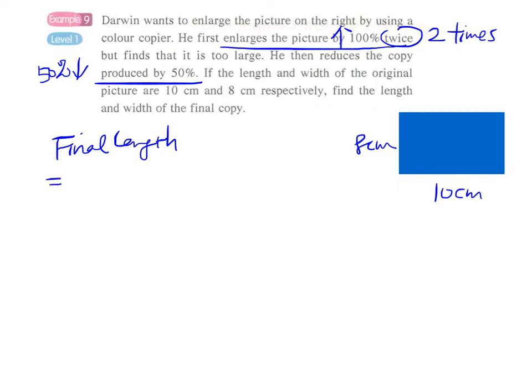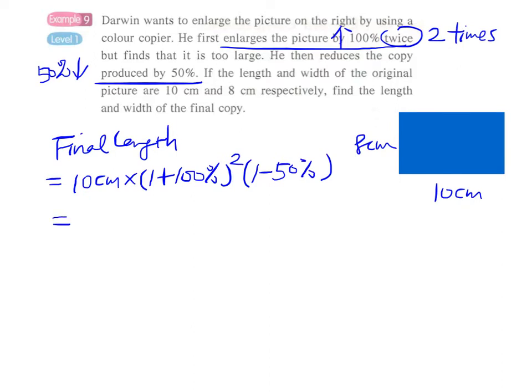The length is 10 cm, and this is enlarged by 100% twice, so we have a square here. And again, this is reduced by 50%. Therefore, we multiply this by 1 minus 50%. And from the calculator, we have 20 cm.